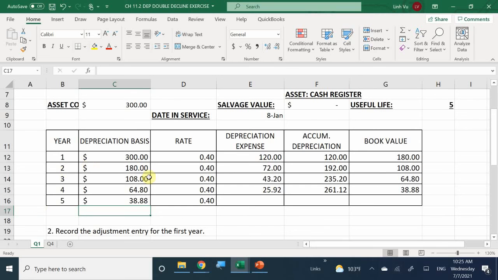What was that, Nathan? 15.552. So 15.55. So then what is going to be my accumulated depreciation? The 276.67, which then brings my book value to now become 23.33.